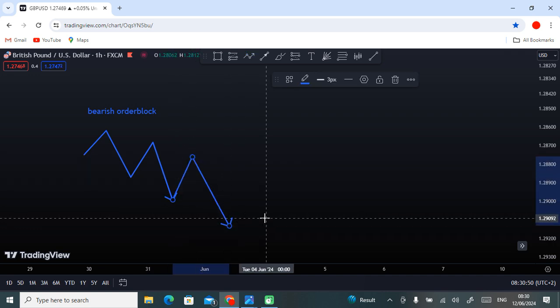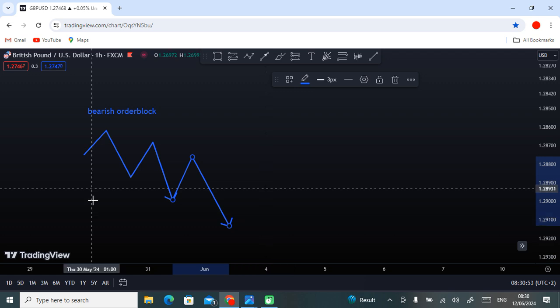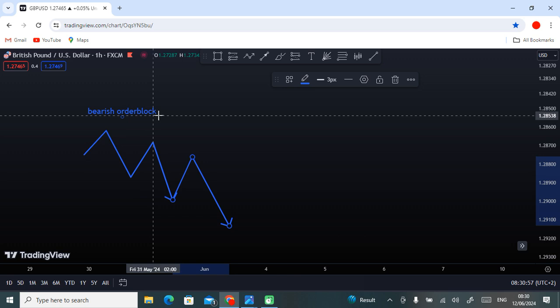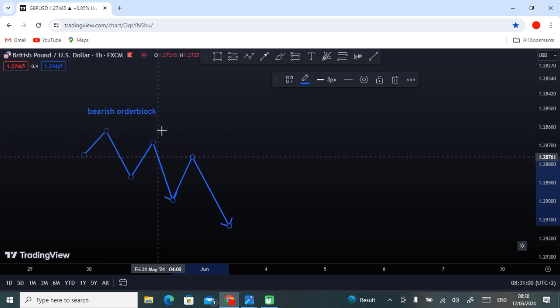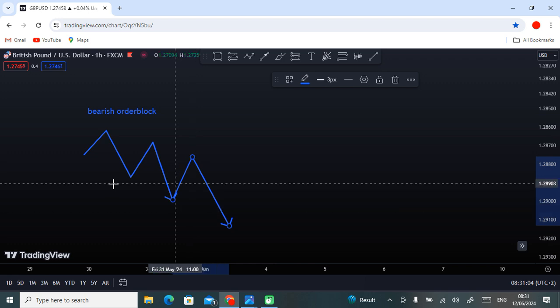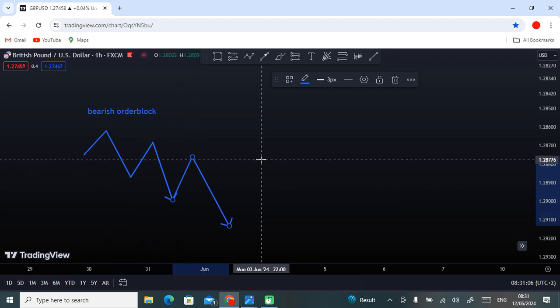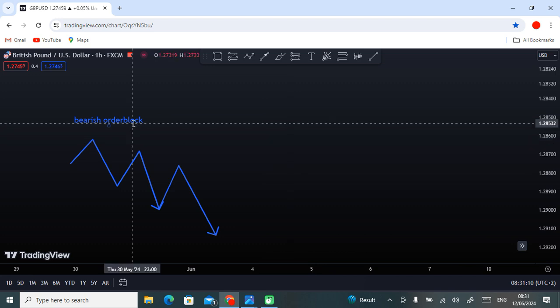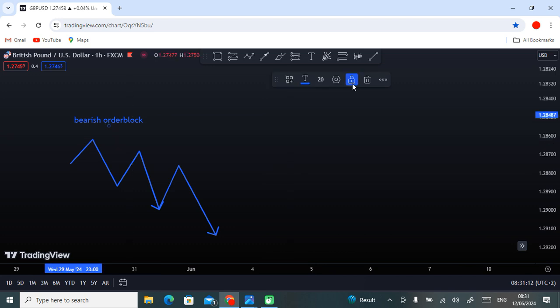Let's say we have a trend that goes like this. So now we're saying a bearish order block. A bearish order block is the last bullish candle that led to a break of a low.